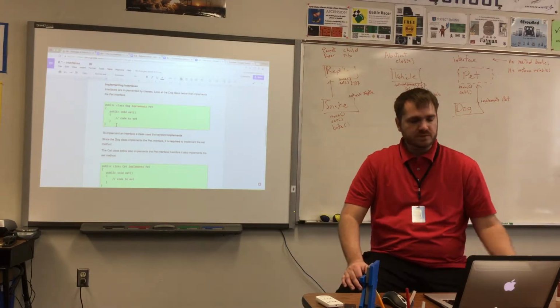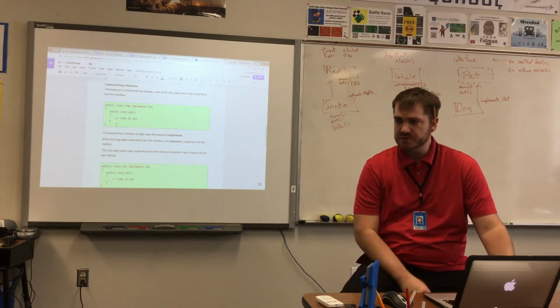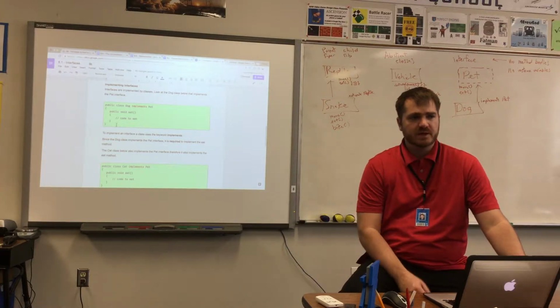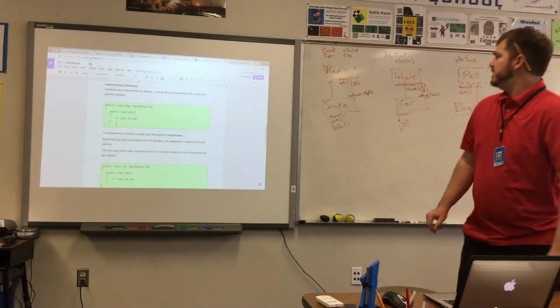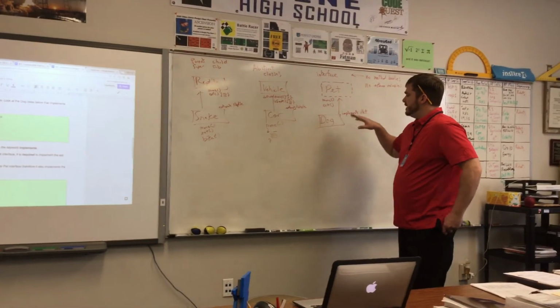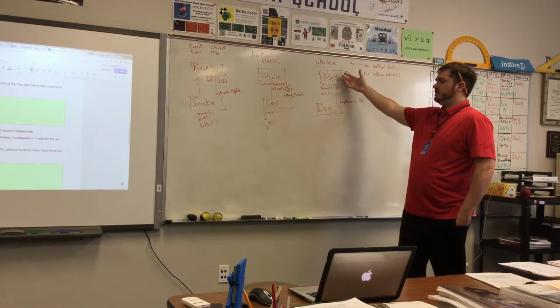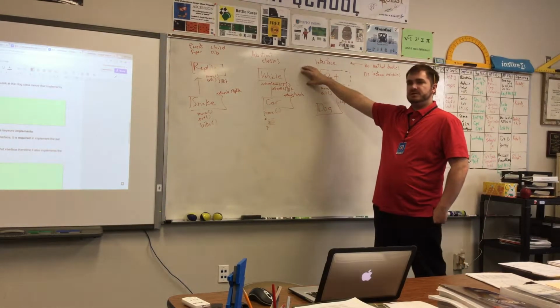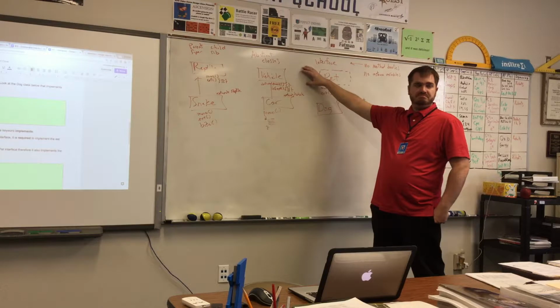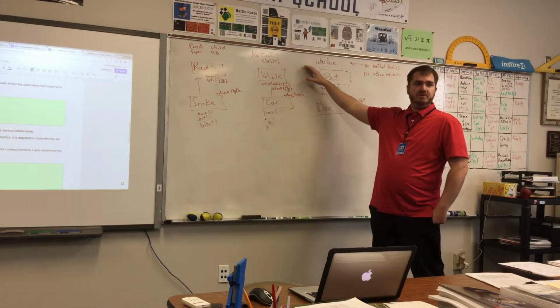So this may lead you to say, is it possible that I could have a class which implements an interface, but also has a parent class? And the answer is, yeah, you could.